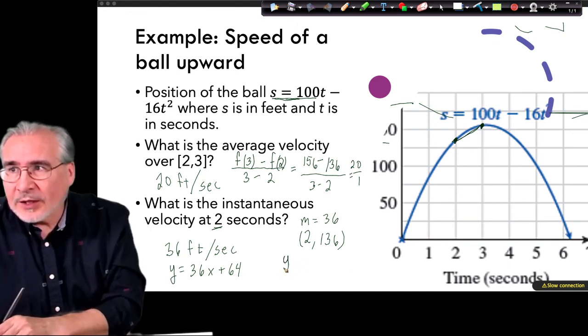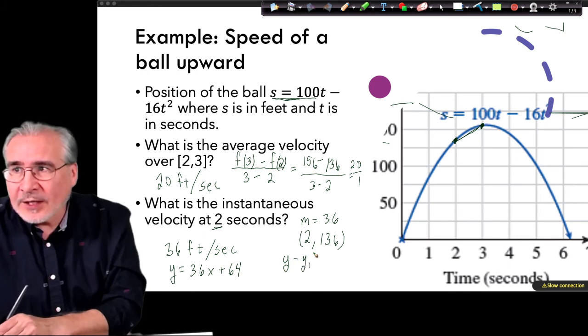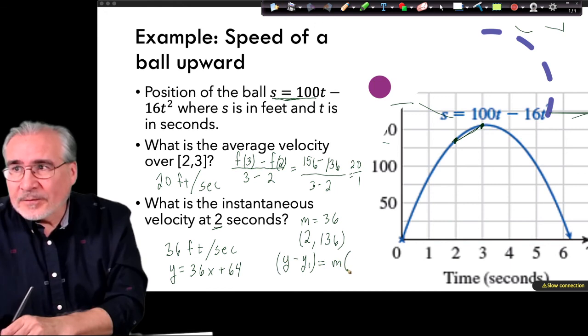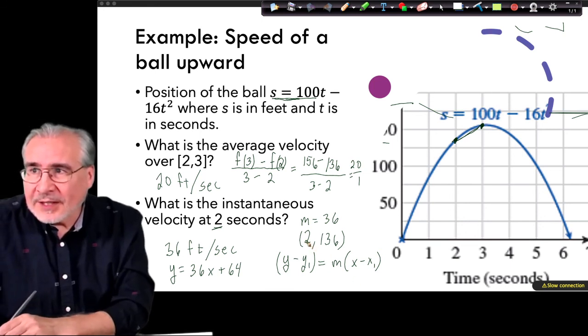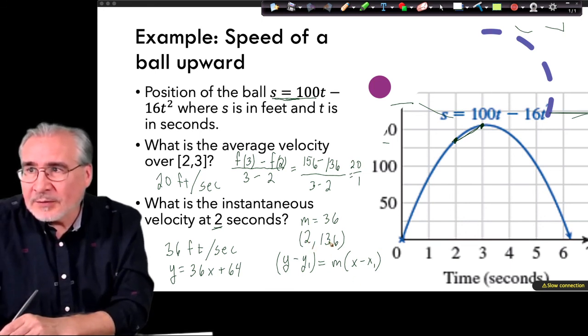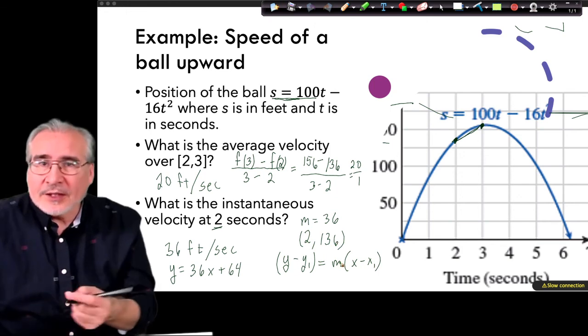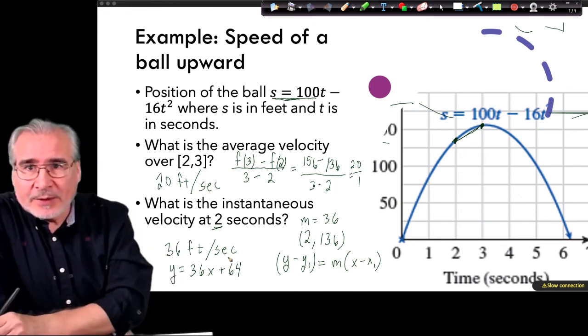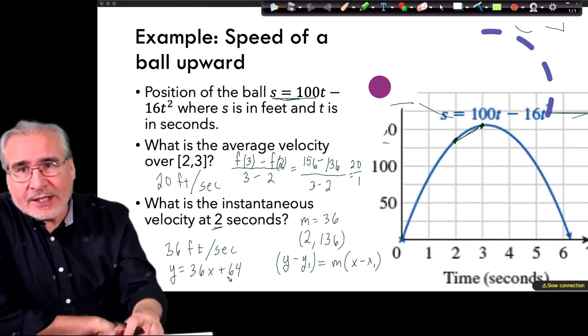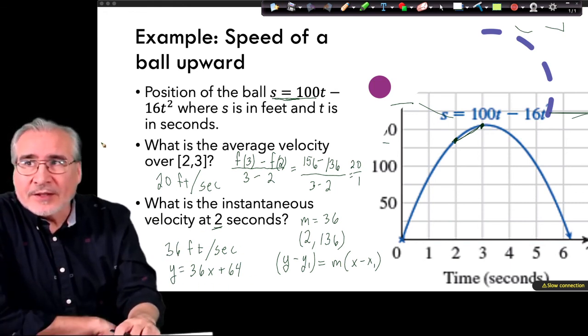Let's see, the slope point is y minus y1 is equal to the slope times x minus x1. So there's this formula here. You can plug in where x1 would be 2, y1 would be 136, and the slope would be 36. So that's another way of getting the tangent line, but all of these methods would get us to 136x plus 64. Okay, so we're going to clean that off.